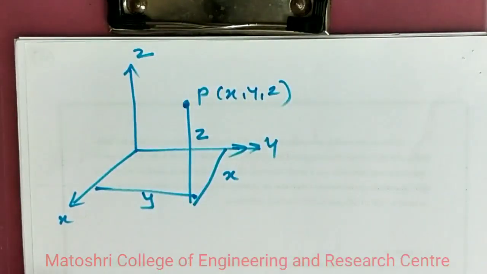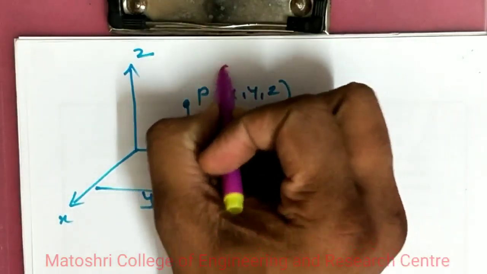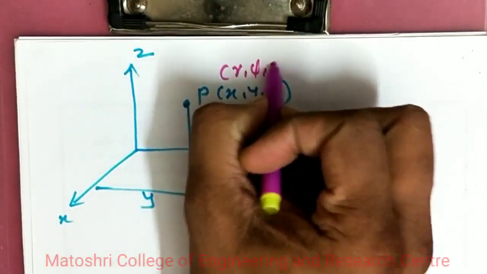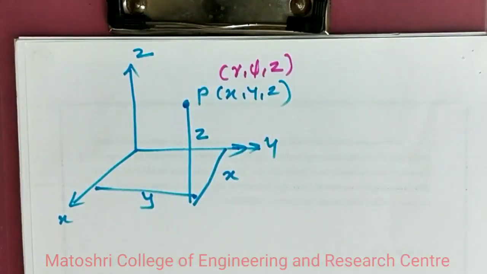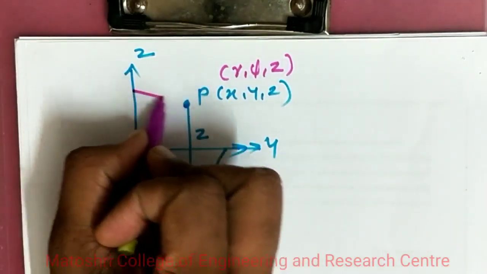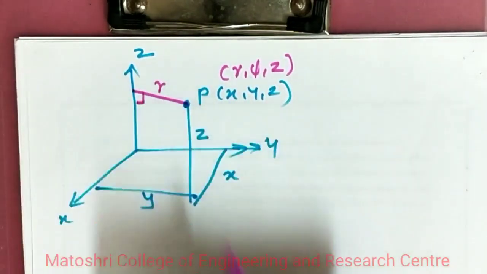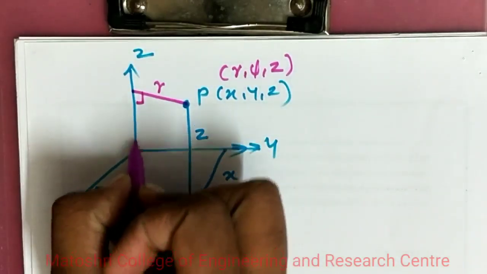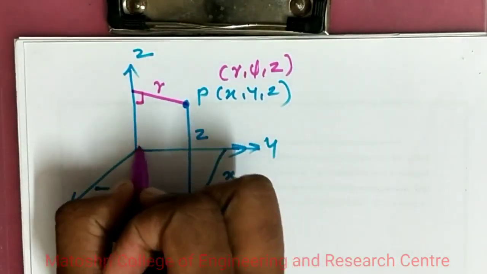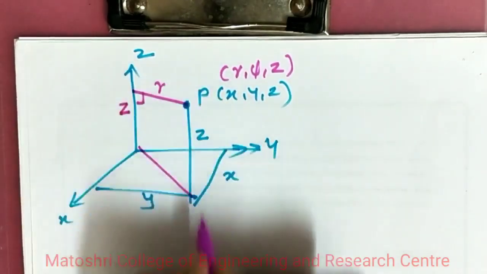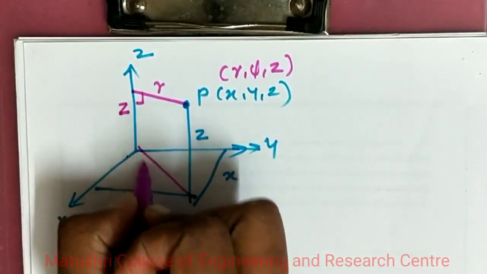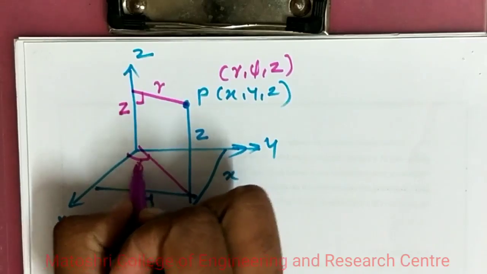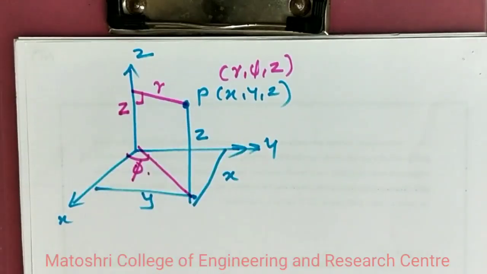Now the same point expressed in the cylindrical coordinate system will have the coordinates r, phi and z. This is the radius of the cylinder, perpendicular to the z axis and moving towards point P. This is the height z, same as the earlier one, and this is the angle phi measured with respect to the positive x axis.